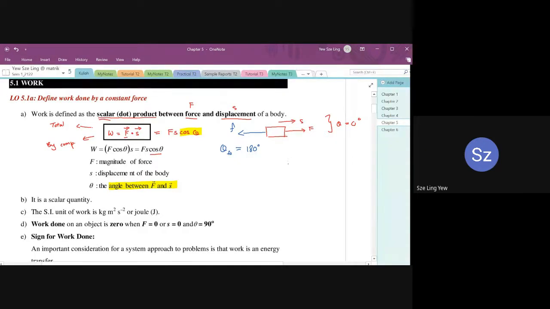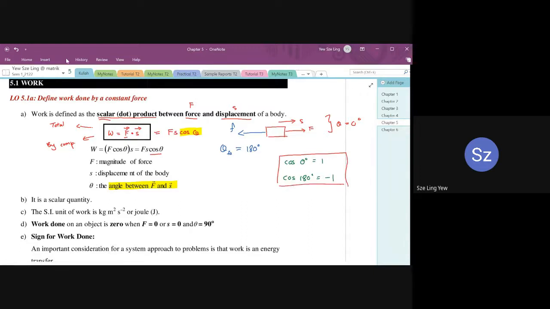Cos 0 degrees gives you 1, and cos 180 degrees gives you negative 1. Negative 1 causes the calculation to become a negative work done. Negative work done means energy loss.